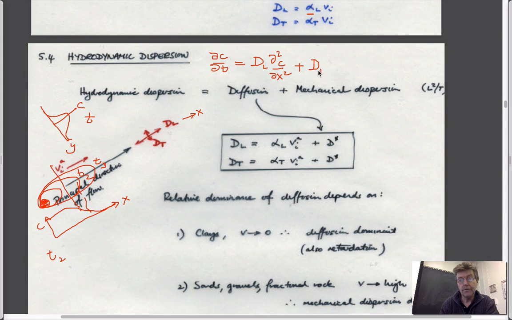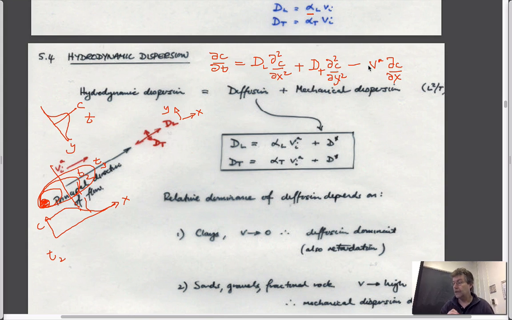We have a term that represents the transverse behavior. This is the y direction. And we have a term that represents the advection in the system.